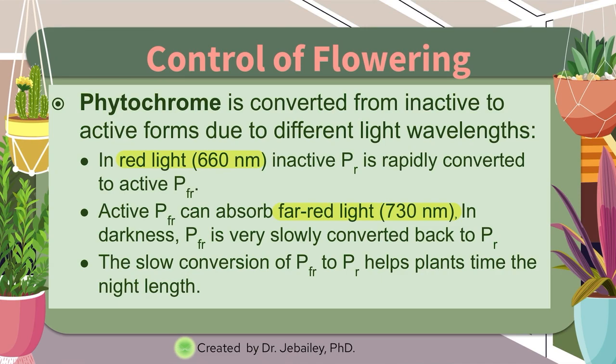For example, PR is going to turn into PFR during the day, right? And PFR will turn into PR during the night. However, PR to PFR is very fast, and I should say that somewhere here. And PFR going to PR is a very slow conversion. This will affect the way the plant flowers.